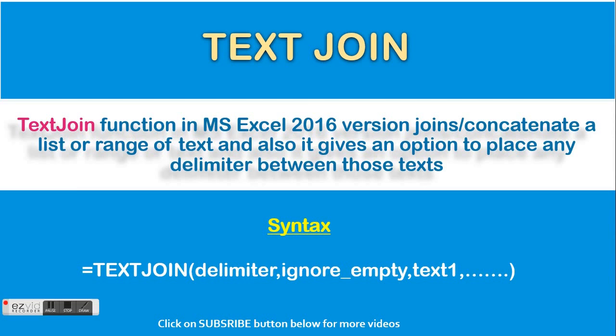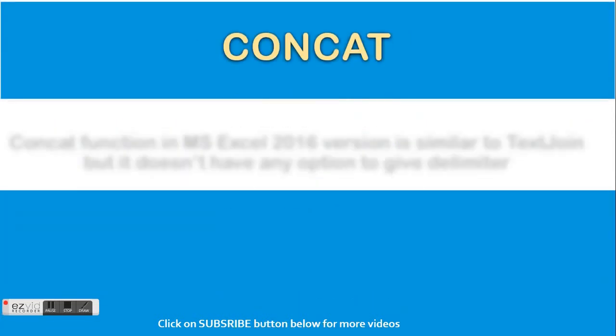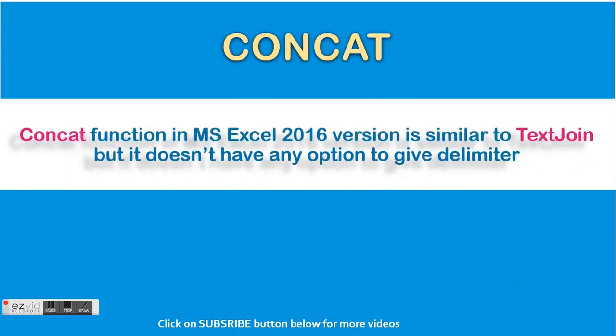Our next function is CONCAT. The CONCAT function in MS Excel 2016 version is similar to TEXTJOIN, but it does not have any option to give a delimiter. Now you will ask, what is the difference between the CONCATENATE function and CONCAT? In the CONCATENATE function, you have to select multiple cells multiple times if you want to concatenate them.